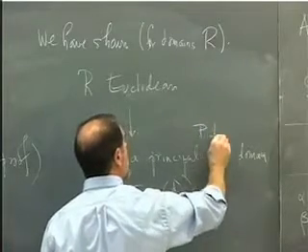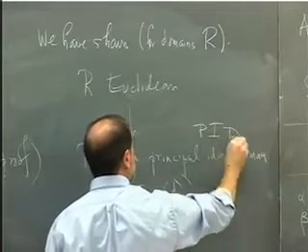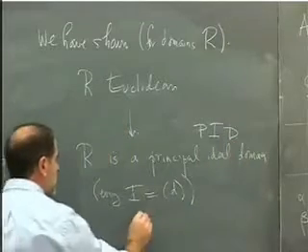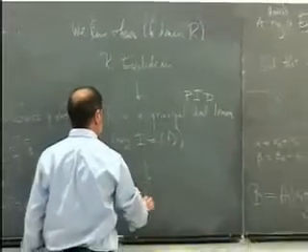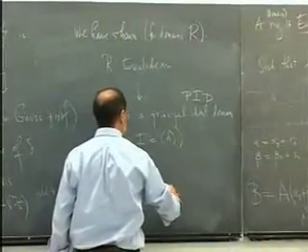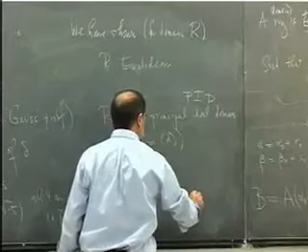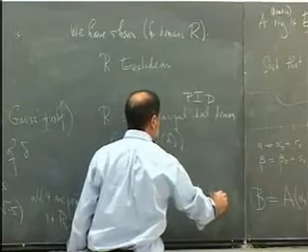Sometimes this is called a PID for short, principal ideal domain. And then that implies that you have a unique factorization into prime elements.